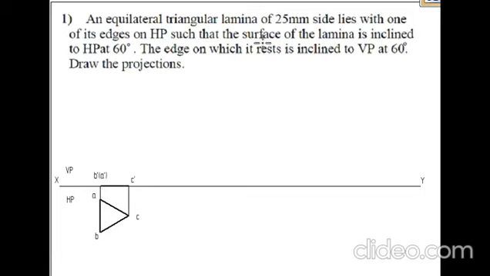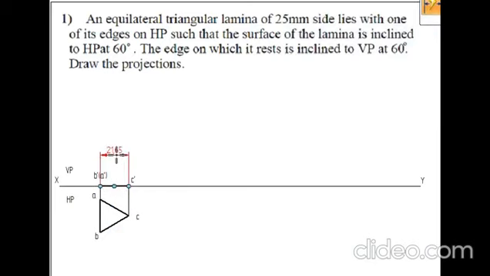Next, the surface of the lamina is inclined to HP at 60 degree, which means this line has to be tilted at an angle of 60 degree here. Because I already explained that whatever the inclination with respect to HP is, that will be seen in the VP plane. So what I do, I will measure the distance.